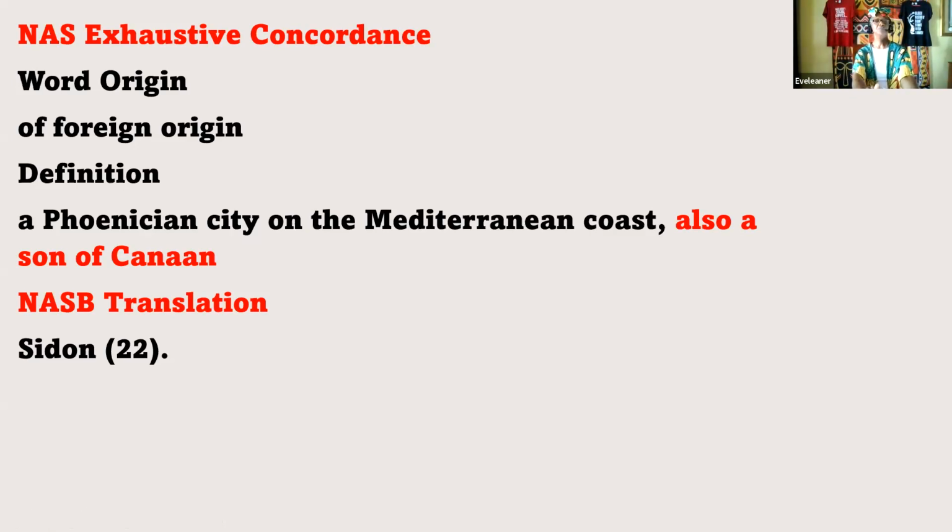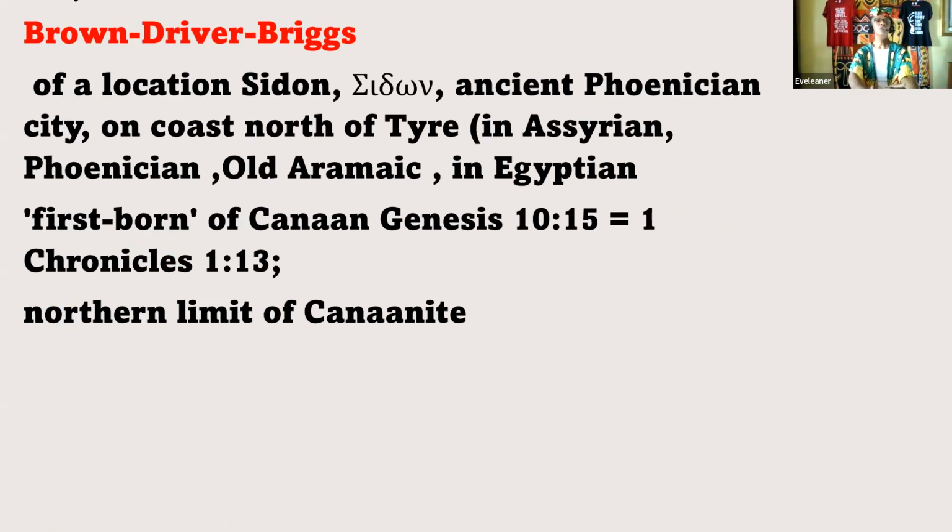And even the NASB translation says Sidon, or remember we said Zidon. The Brown Driver Briggs book even says of a location in Sidon, it says ancient Phoenician city on the coast north of Tyre. The Phoenician, it says Old Aramaic, and it says in Egyptian, the firstborn again of Canaan.